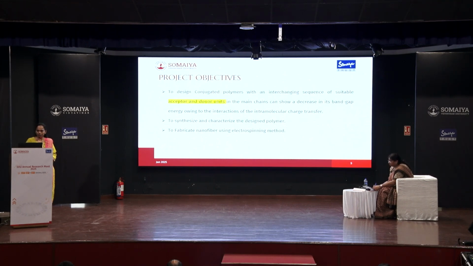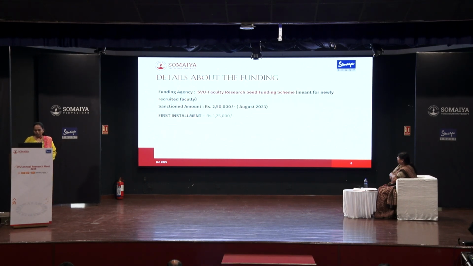First design that polymer, then synthesize, characterize and fabricate the nanofiber. I am using a nanofiber to get a high contrast ratio, and you can also incorporate any semiconductor material to decrease the band gap of whichever polymer I design.